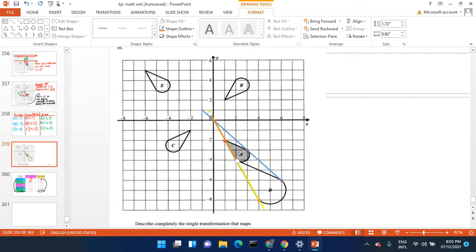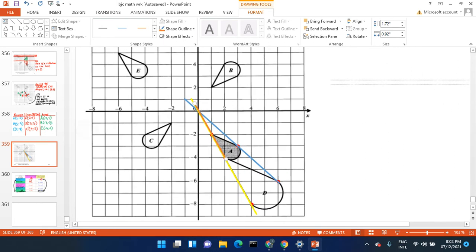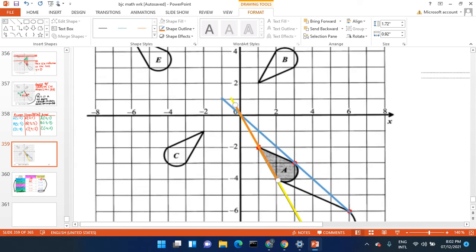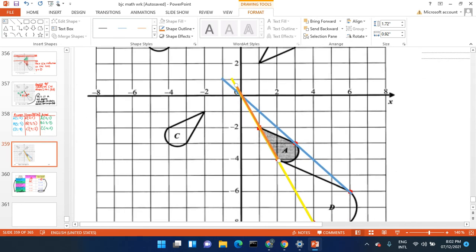If it didn't line up with the origin, like if we had a number, how would that work?